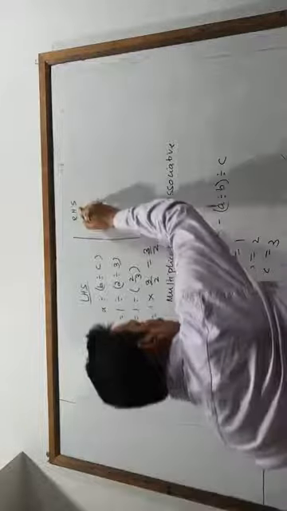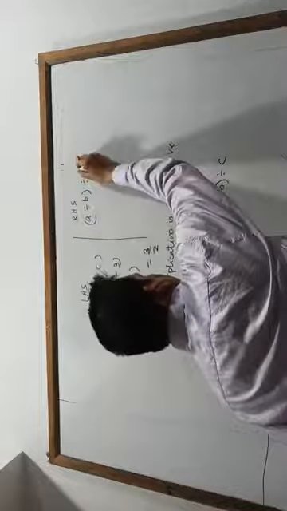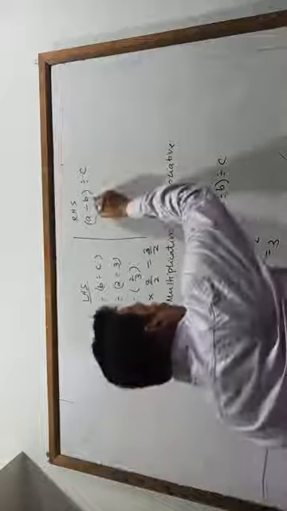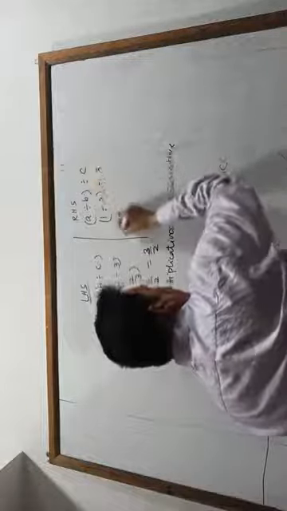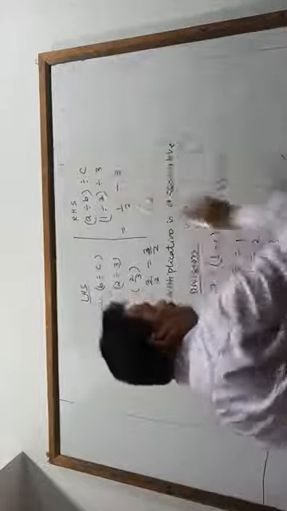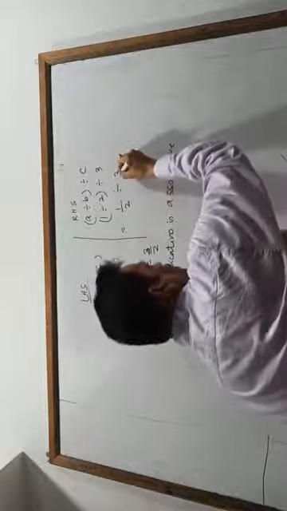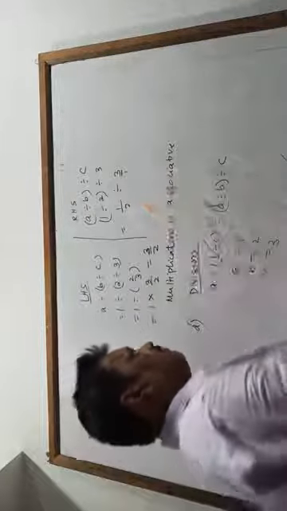Okay. Right hand side: A divided by B divided by C. 1 divided by 2 divided by 3. This is 1 by 2 divided by 3. 3 means 3 by 1.